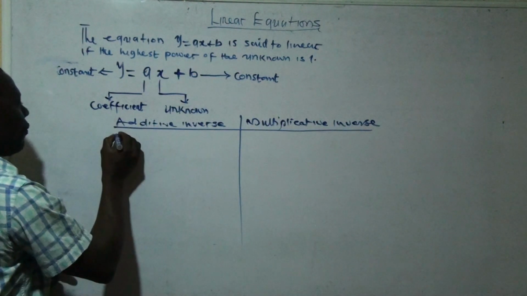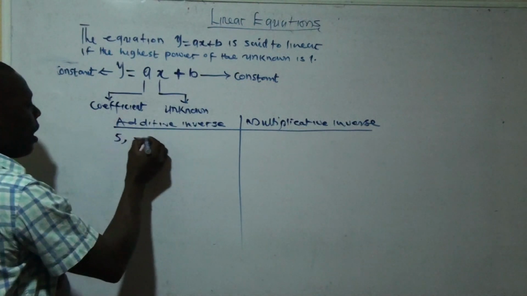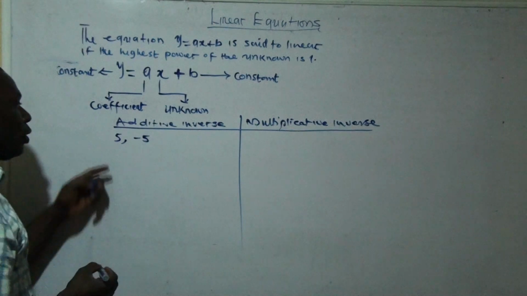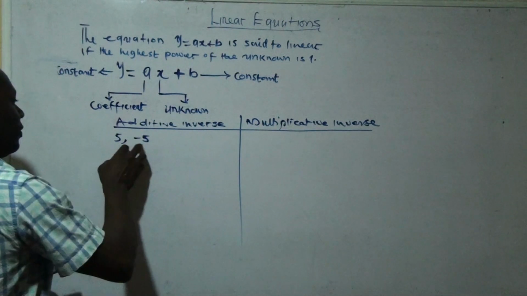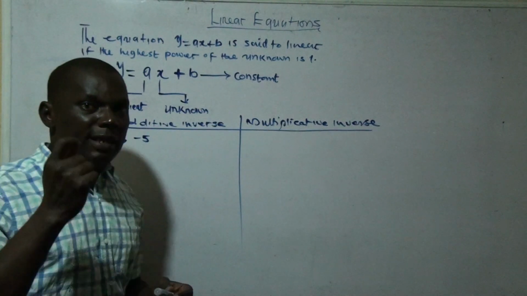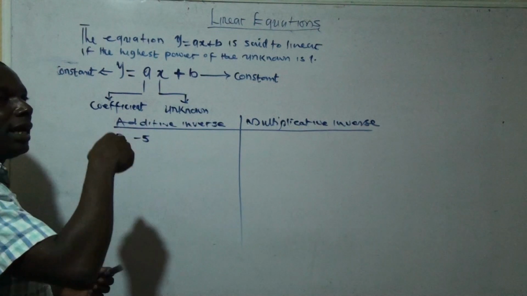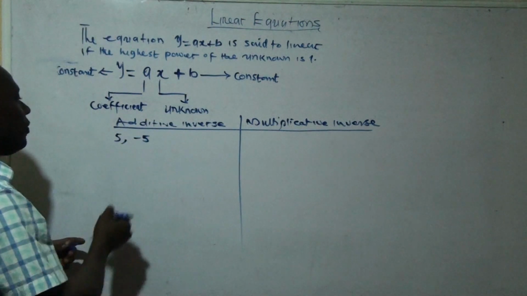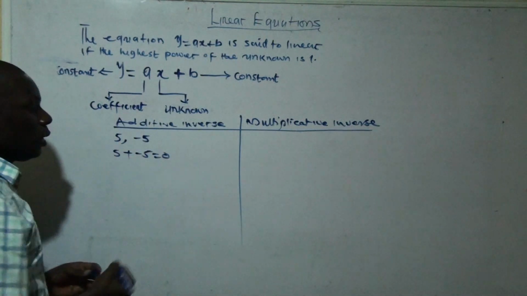For instance, if we have 5 as a number, the additive inverse of 5 will become minus 5. Multiply 5 by minus 1, that will give us minus 5. So that is the additive inverse. One of the characteristics of the additive inverse is that a number plus its additive inverse must give us 0. So 5 plus minus 5 will give us 0.